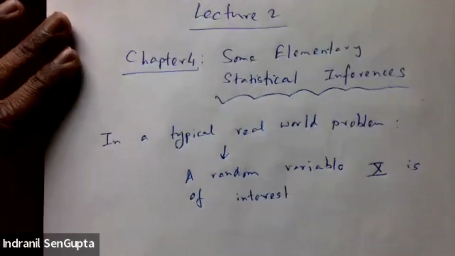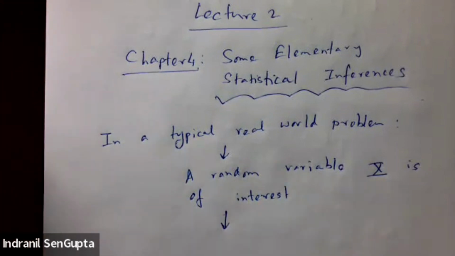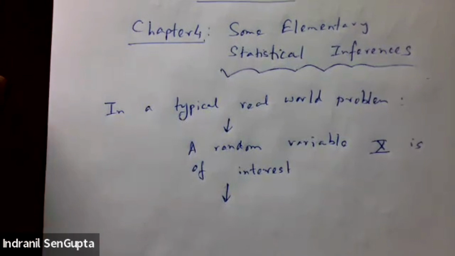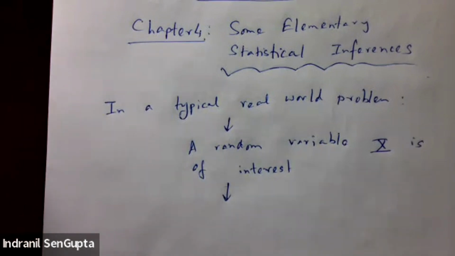But the problem is, its PDF or probability mass function, PMF, is not known. We wrote some very nice probability density functions or probability mass functions, such as the binomial or Poisson for the probability mass function, and for the continuous case, the normal distributions. You know the form of that. We pretend that we know everything and we work with it.